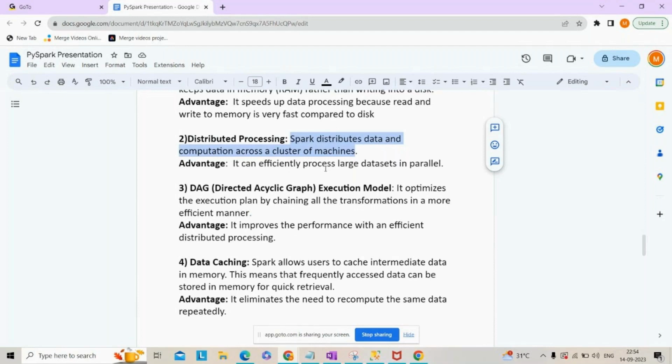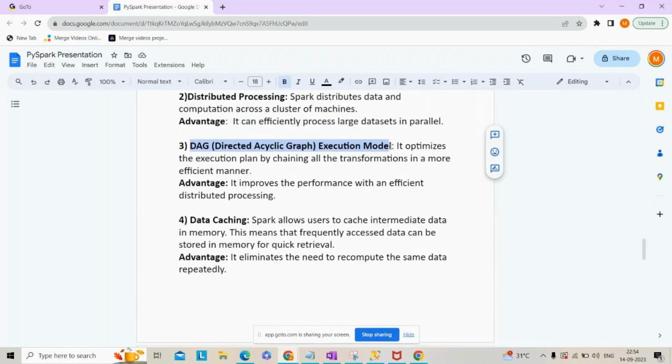These partitions are distributed across many worker nodes in the cluster. Understand? Right. What is an advantage? It can efficiently process large data sets in parallel. Understand? Right.